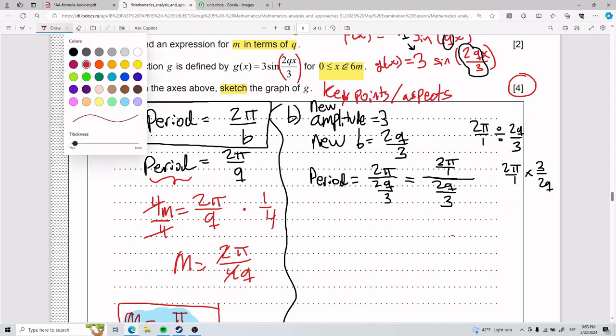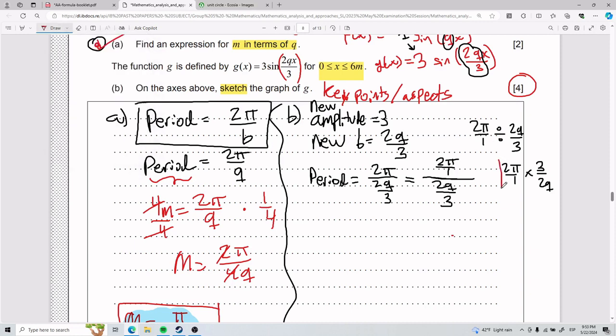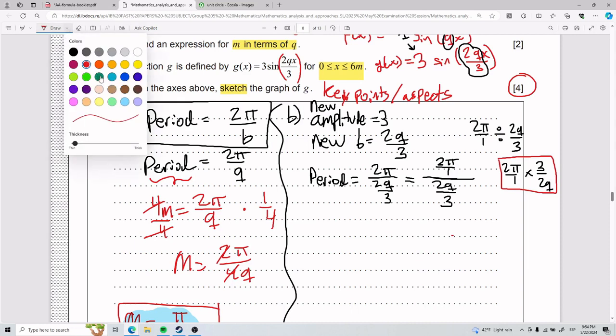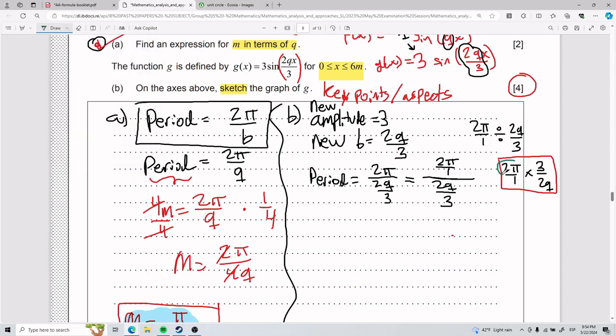Now notice, here's something interesting. And this is like a math tip, okay? So the last step you reach is 2 pi times 3 and 1 times 2q. And so something very visually appealing when you have big fractions like this is that the 2 pi times 3 up top are the extremes multiplying each other, while the 1 times 2q are the ones in the middle multiplying each other.